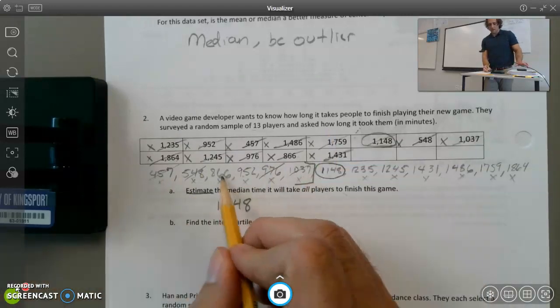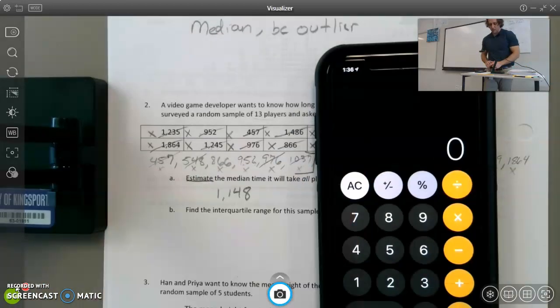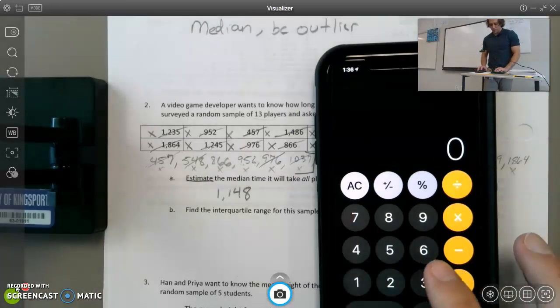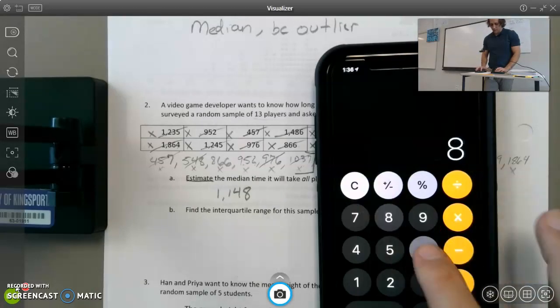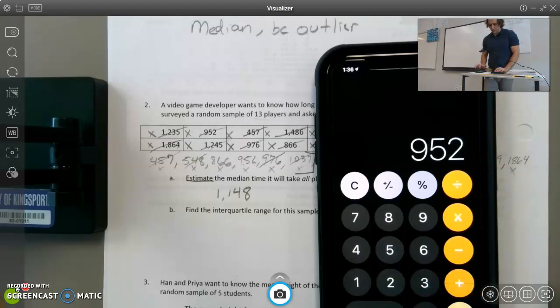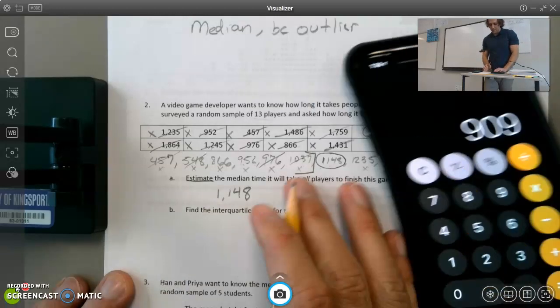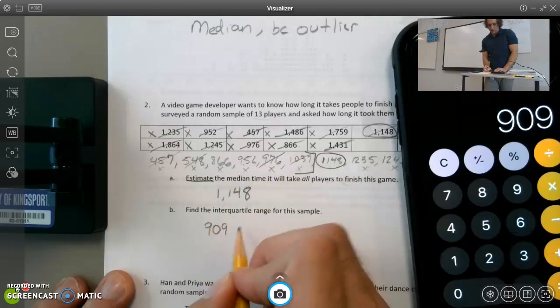Now I've got 866 and 952. I need to find the average here, which is going to be 866 plus 952, and divide by 2, and that gives me 909 is my lower quartile.